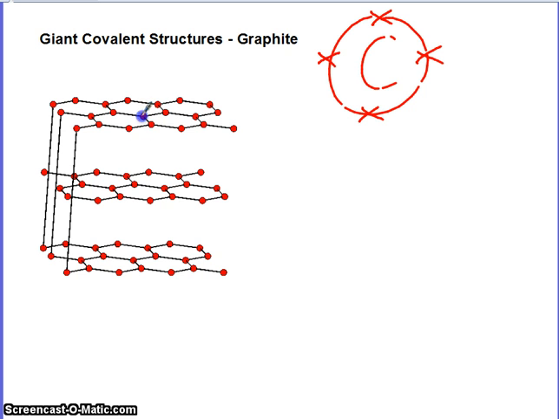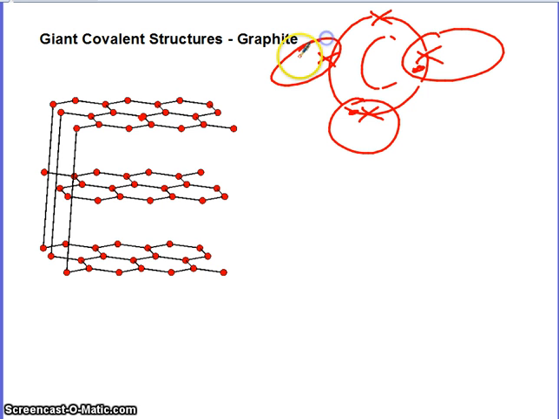And if we just pick on this atom here, you can see it's bonded to three others. So we form a bond there, form a bond here, and form a bond there. This electron is left unpaired. And what happens to this electron is that it's allowed to wander up and down between the layers of carbon atoms. So what we have is a very different structure to diamond.